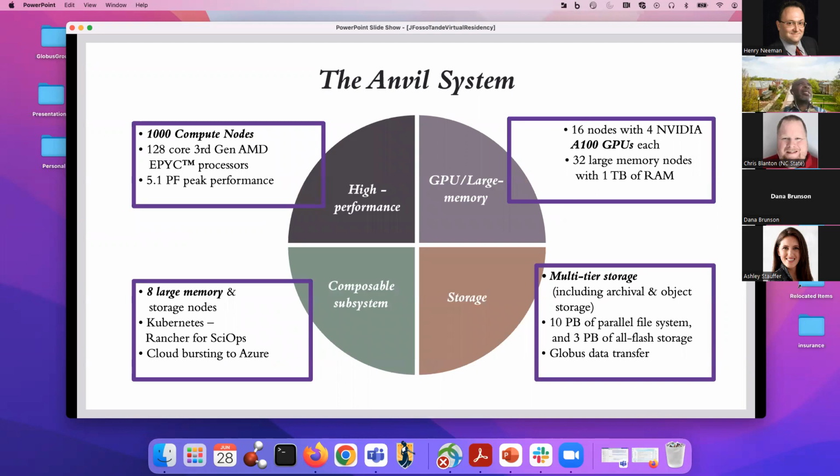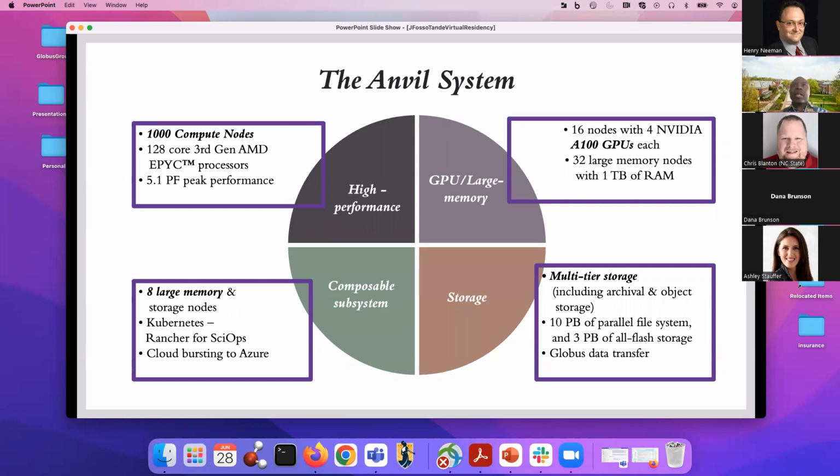So the Anvil subsystems, as we said, there are the high performance compute nodes, and then we have the composable subsystem: GPU, large memory, and storage. The high performance compute system has 1,000 compute nodes, mostly 3rd generation AMD EPYC processors with 5.1 petaflop peak performance, and 8 large memory nodes. There are storage nodes on the composable system with the possibility to switch to Kubernetes.